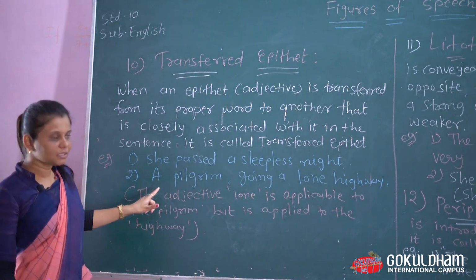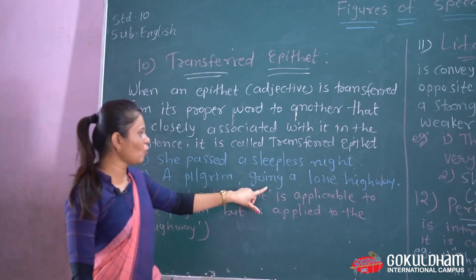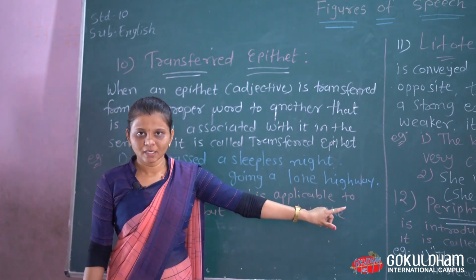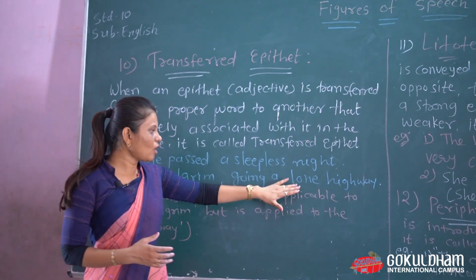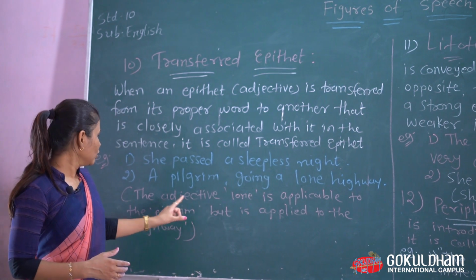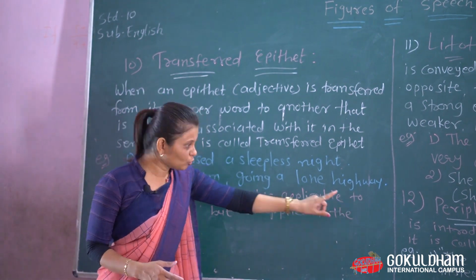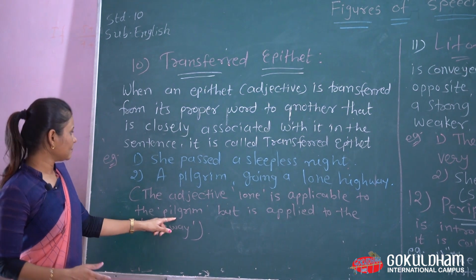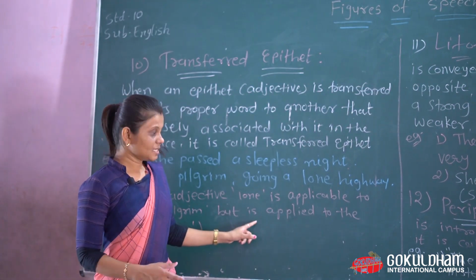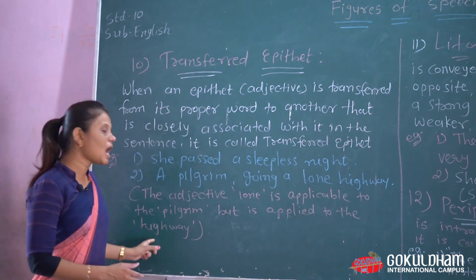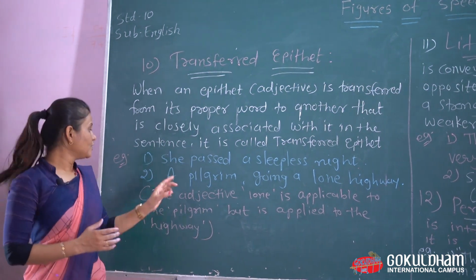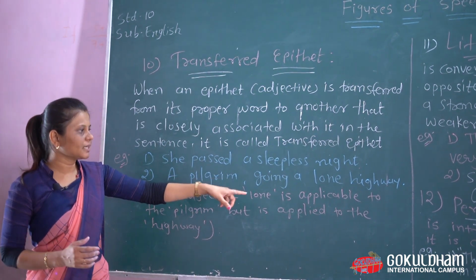Then another example is a pilgrim going along a lonely highway. That means here lonely is the adjective. Look, the adjective lonely is applicable to the pilgrim but is applied to the highway. So here the lonely highway.